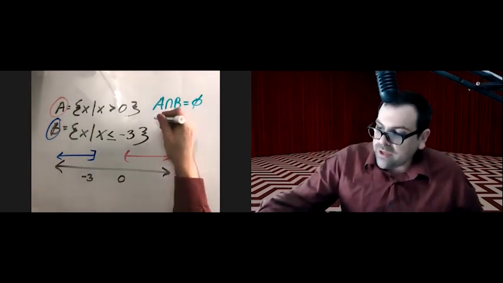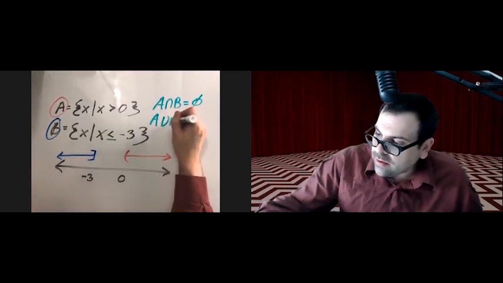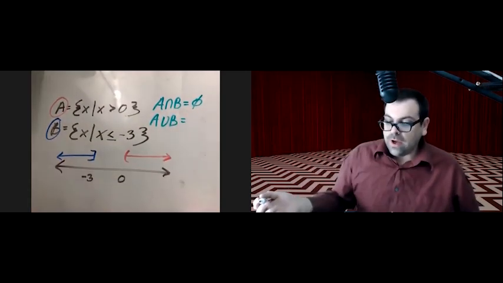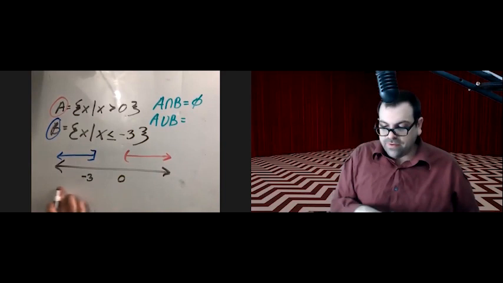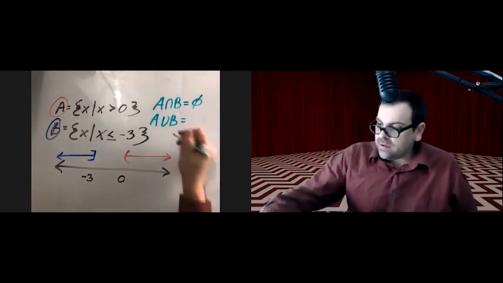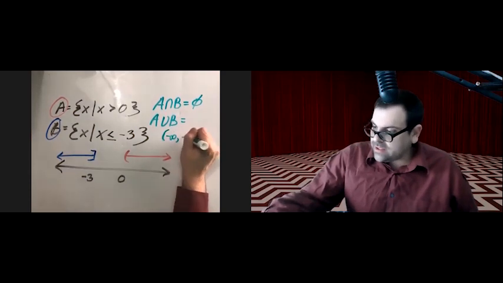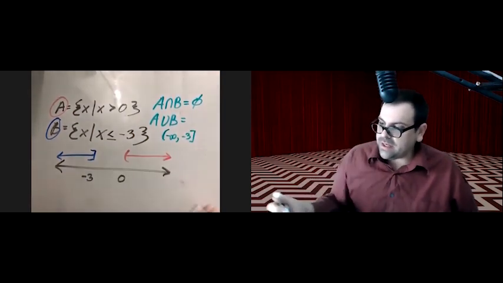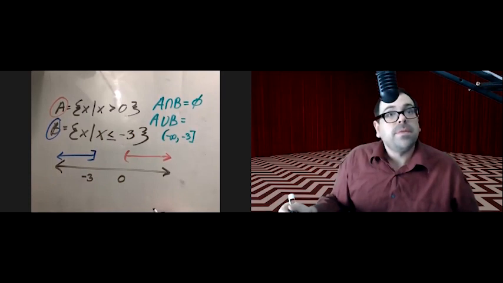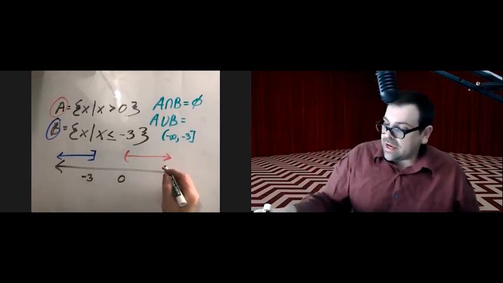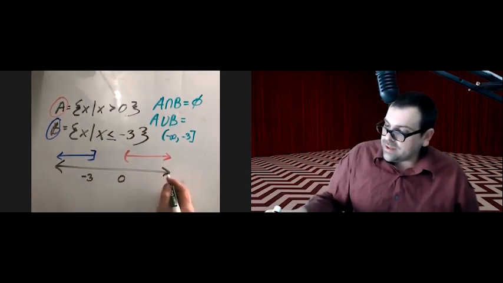What about A union B? Well, we have this piece, the negative infinity to -3 piece, but we also have this piece.